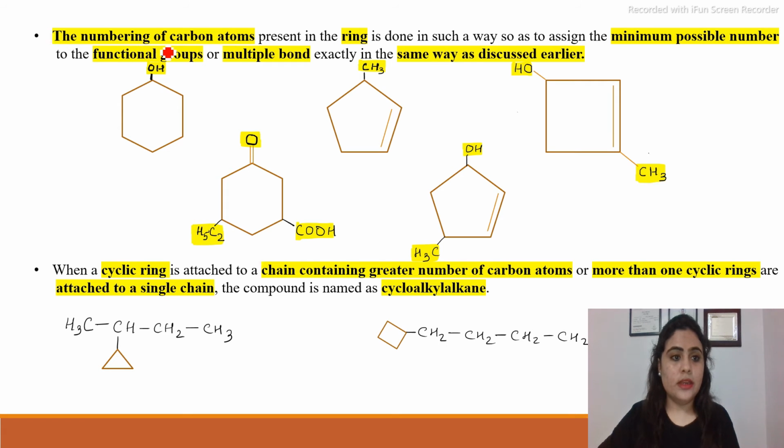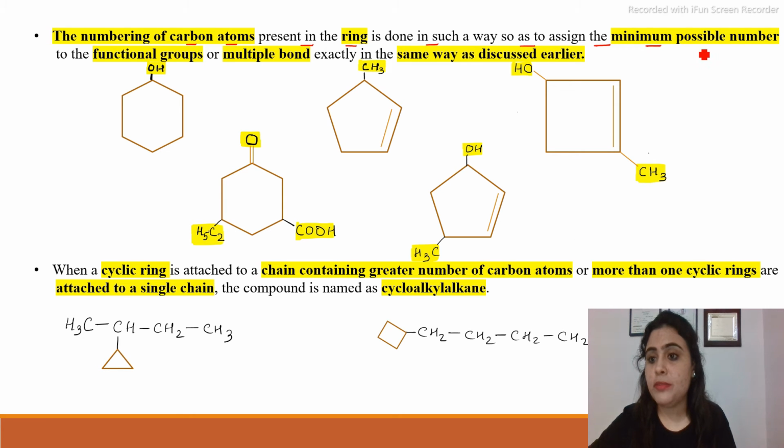Next rule. The numbering of carbon atoms present in the ring is done in such a way as to assign the minimum possible number to the functional groups or the multiple bond, exactly in the same way as we have discussed earlier for aliphatic hydrocarbons.